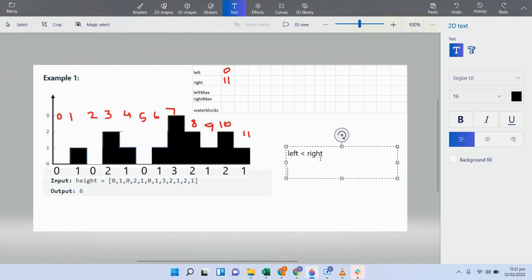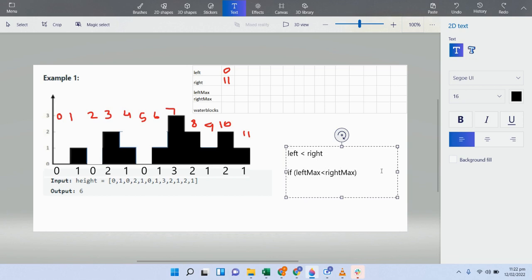Then, as I mentioned about the slope, if for example the slope on the left, meaning the left max, is less than the right max, that will be the condition. It's just pseudocode, but it is for you to understand how I'm going to update that table and how you are going to execute it.